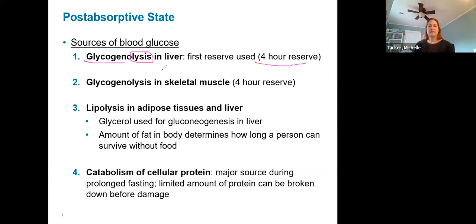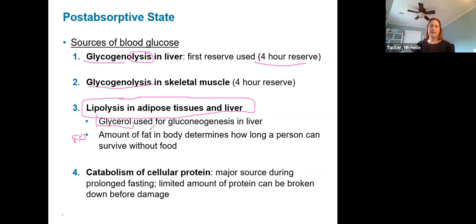Before the liver gets completely depleted, glycogenolysis in skeletal muscle is going to kick in also. Lipolysis in adipose tissue and liver is going to be used. So we have glycerol and we have fatty acids.